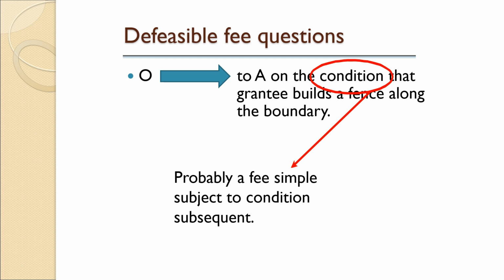In other words, language that would say, "To A, on the condition that the grantee builds a fence along the property, and if the grantee fails to do so, I, the grantor, can re-enter and take the property back." But most courts would probably say the language of re-entry is okay if you want to put it in, but it isn't essential to making this a fee simple on condition subsequent.